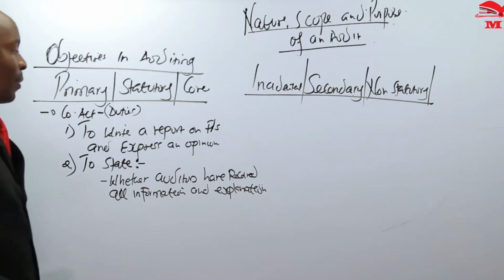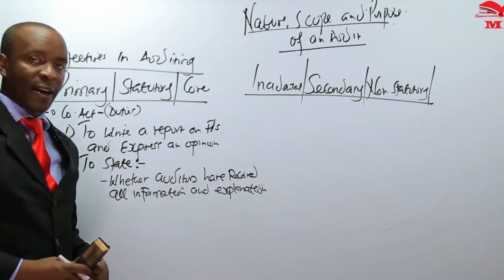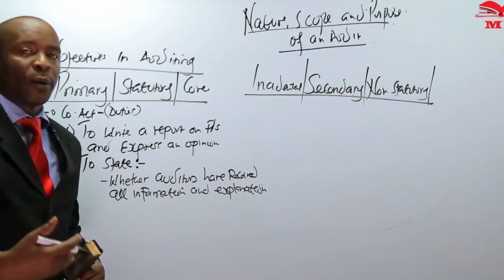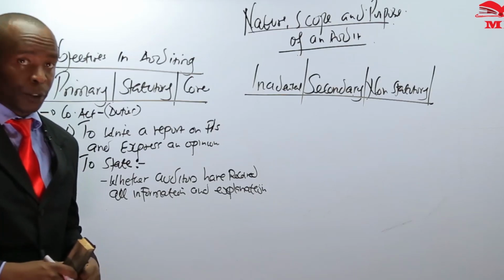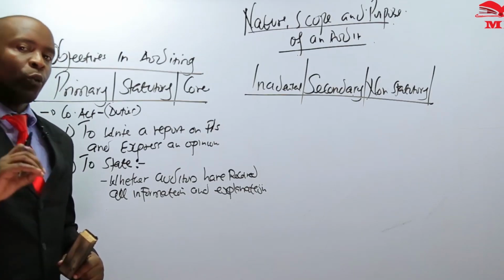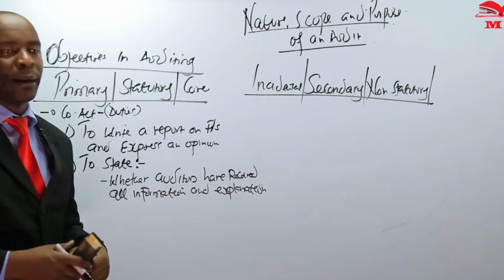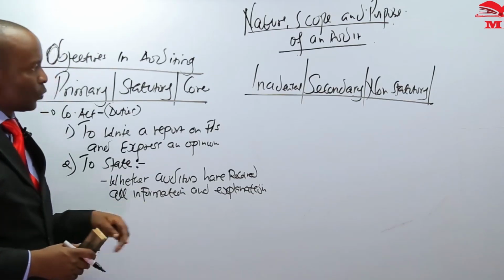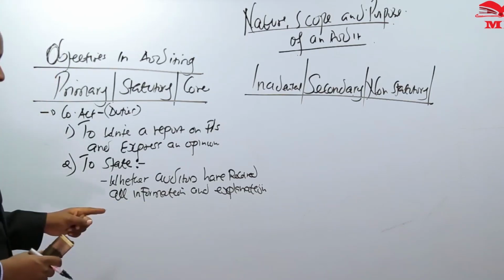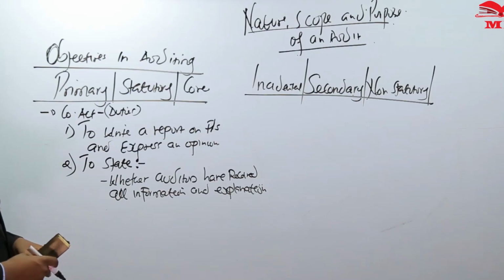If you go to a company, the first thing that you do is to gather evidence. The evidence you gather, we call it information and explanation. So you have to tell us, when you went to that company, did you receive the information that you thought was necessary? If you did, then that is going to be one of the objectives in auditing.